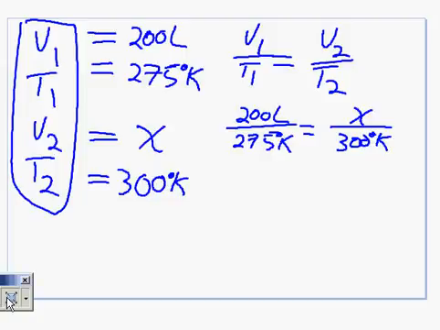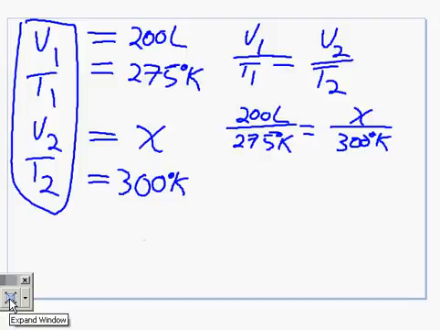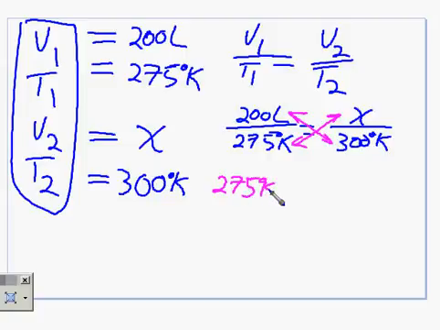Now, Caitlin, to answer your question, my first step is going to be what? Cross multiply, correct? Yeah. Okay, so I'm going to say 275 degrees Kelvin times X equals 200 liters times 300 degrees Kelvin.